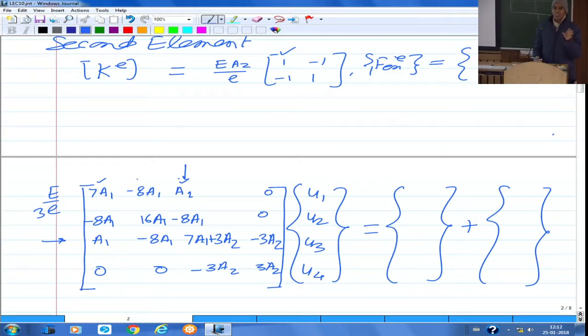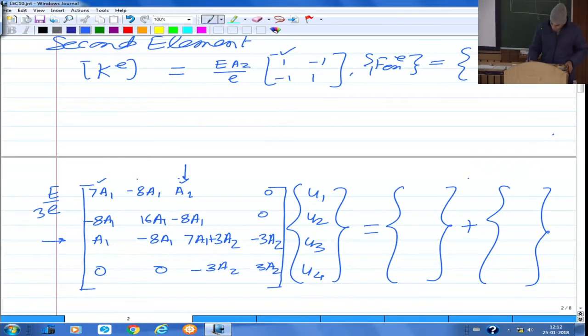Once you understand the connectivity, that for each element, what are its first node, second node, third node, depending on the kind of element you are using, then you understand that in the global matrix which row and which column will correspond to local rows and columns of the stiffness matrix or load vector. So here the numbering was such that the first 3 rows and columns are the first element, and then the third and fourth rows and columns here are for the second element. You can actually change the numbering, and then you can again do that.